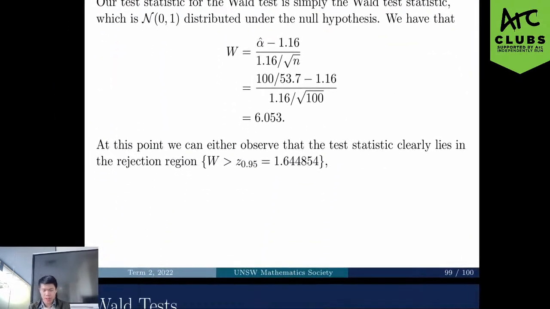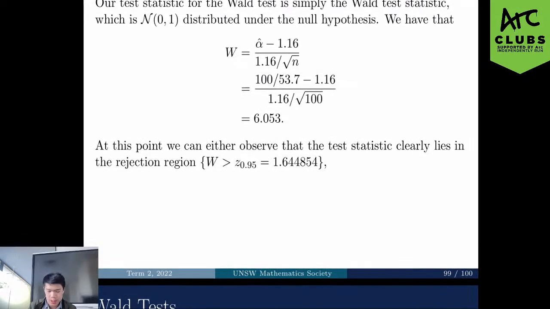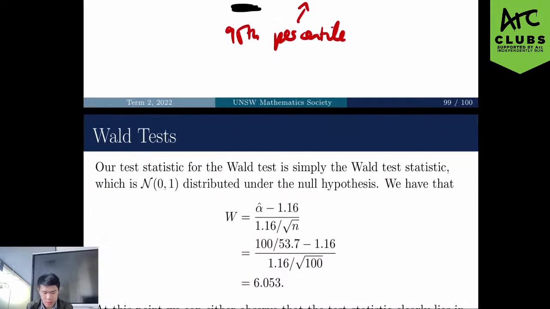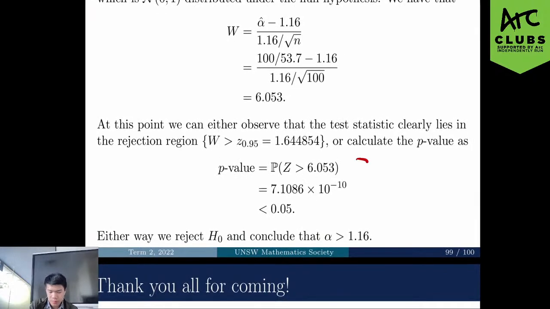And there are two ways of doing this. Either we can do that, or we can say that the test statistic lies in the rejection region, which is going to be greater than the 95th percentile, which is 1.644. So that's one way of doing it, or we can calculate the p-value.